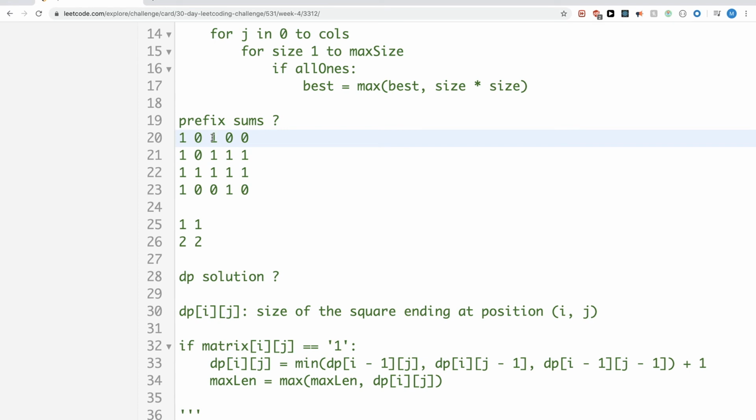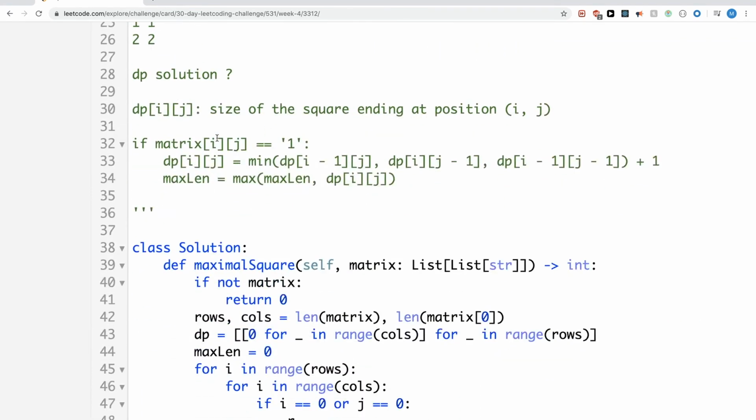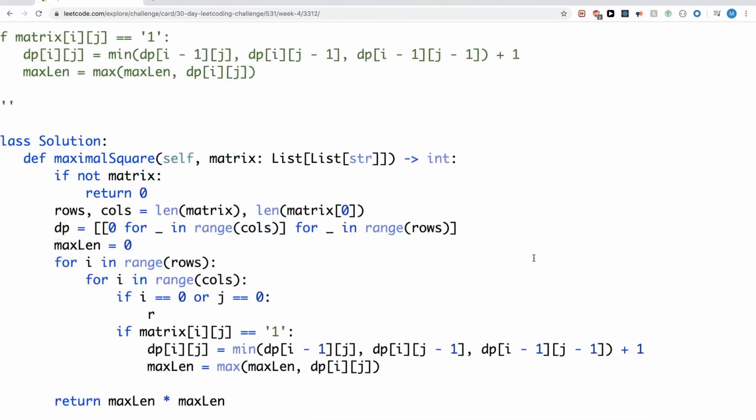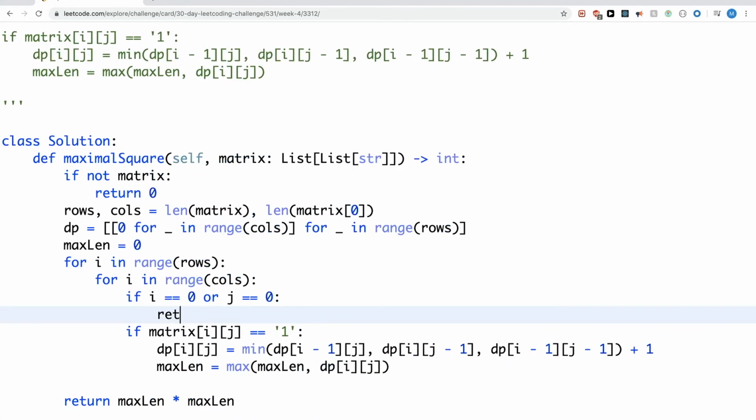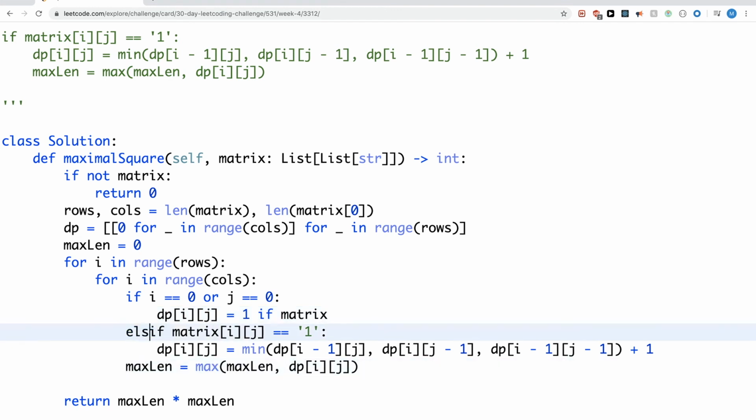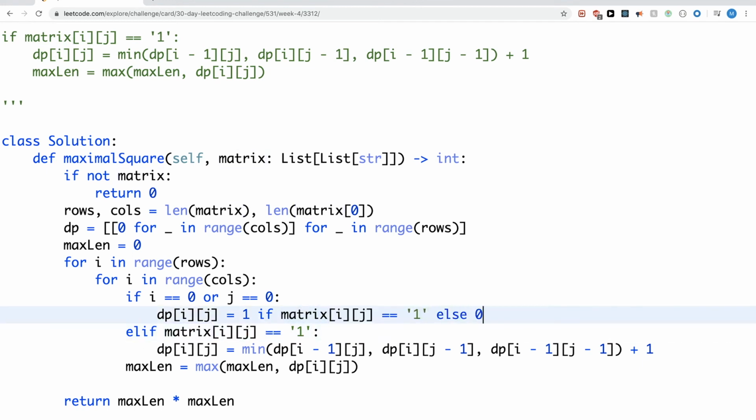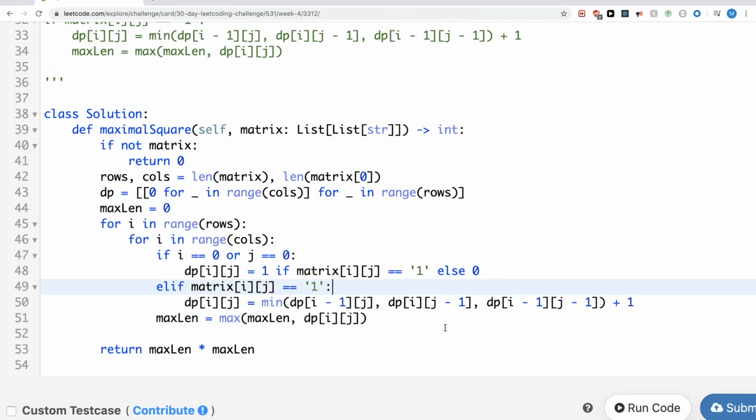Because there's only that single element. So we could just fill dp: dp i, j is equal to 1 if matrix i, j is 1, else 0. We could also just say equal to this, and that will work too, but let's do it this way to be clear.